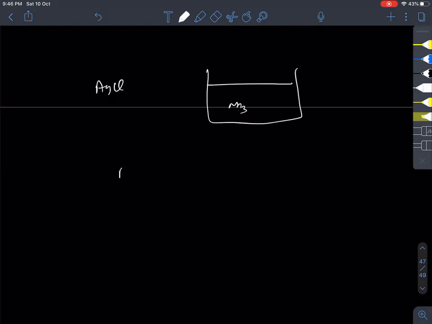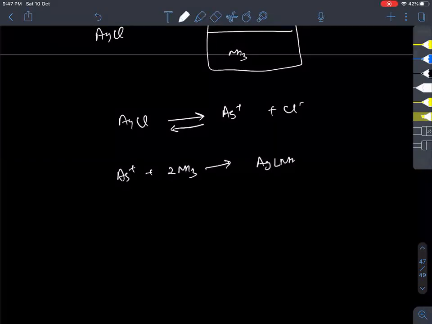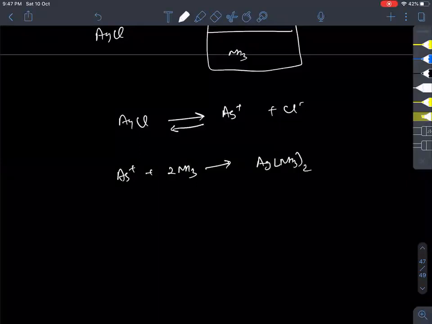Basically whatever AgCl breaks down by the equilibrium, that Ag plus will be consumed by the ammonia and it will form a complex. And this complexation reaction generally has a very high value of equilibrium constant. So it will be further soluble.